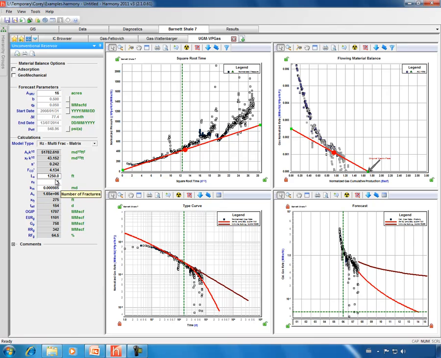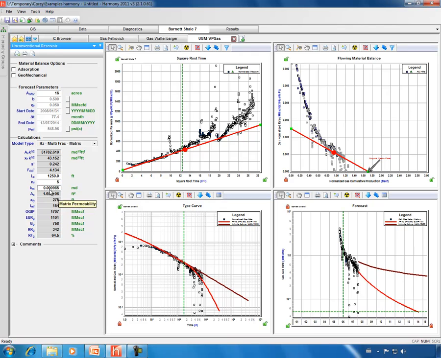Now if we enter in the horizontal well length, the number of fracture stages, this will actually calculate the matrix permeability. And the assumption here is that there is one single planar fracture per stage, and they're evenly spaced and they all have the same length, which of course may not be true, but is an approximation.